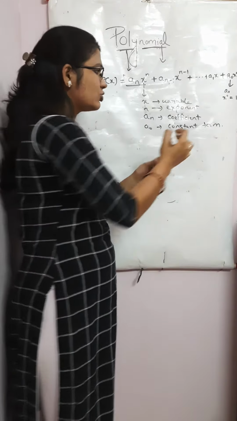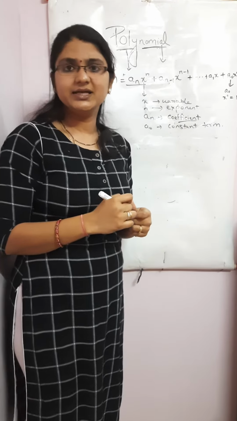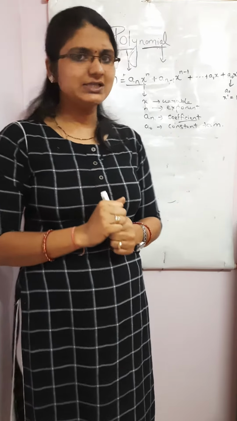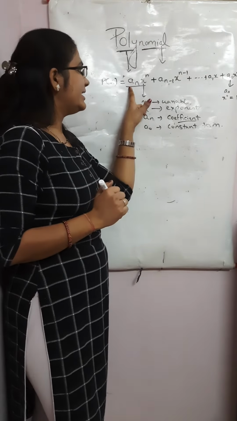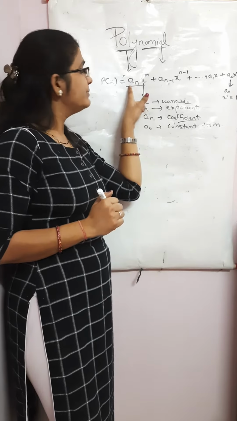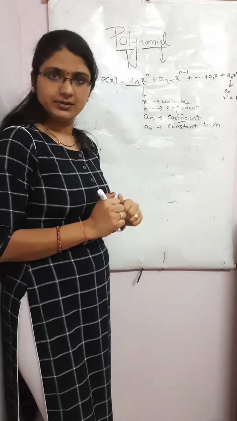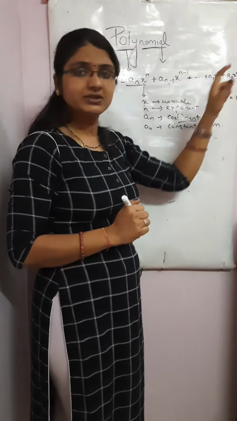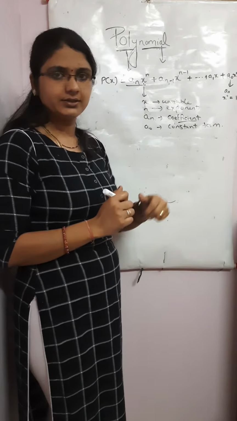So what is coefficient? Coefficient means any constant value used with the variable. So here an is the coefficient, because it is used with the variable, and a naught is not a coefficient because it is not used with the variable. It is a constant term.